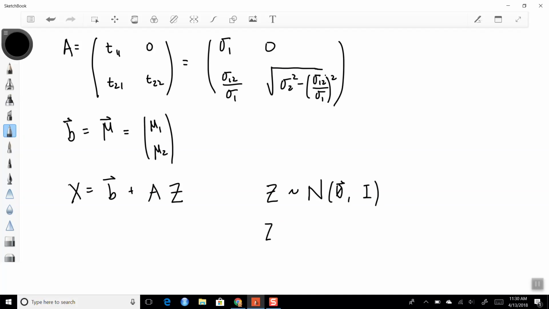This is equivalent to just having z1 and z2, where z1 comes from normal 0,1, which we can now generate, and z2 comes from normal 0,1.